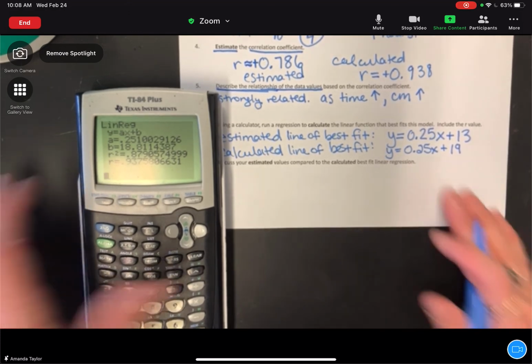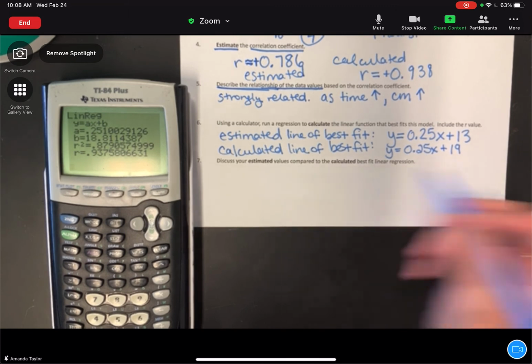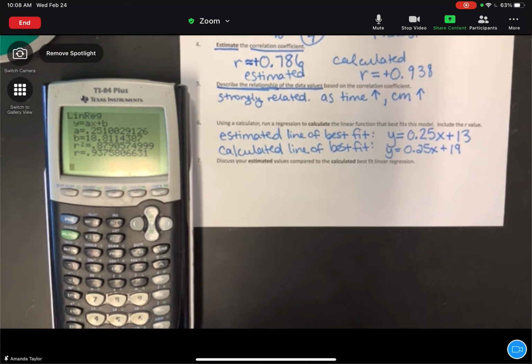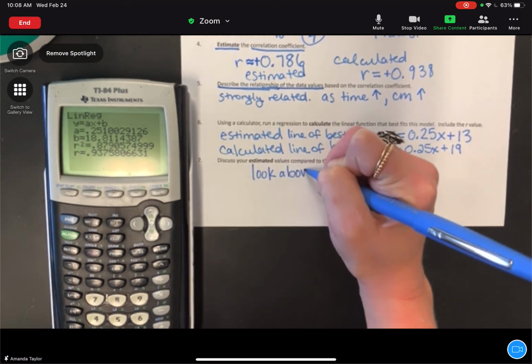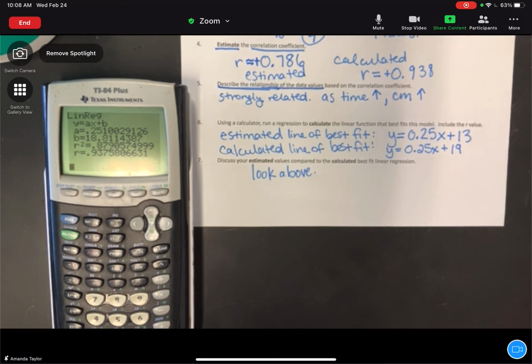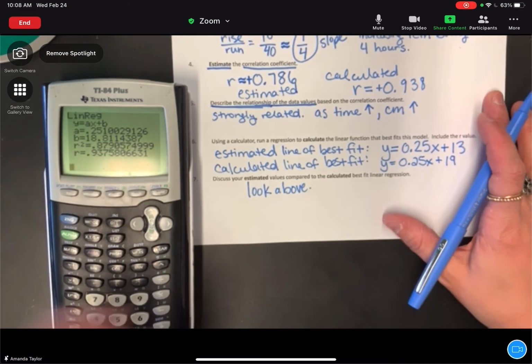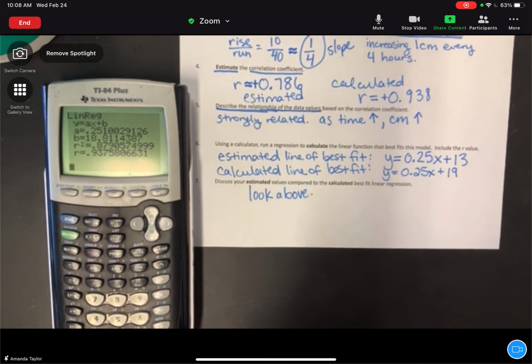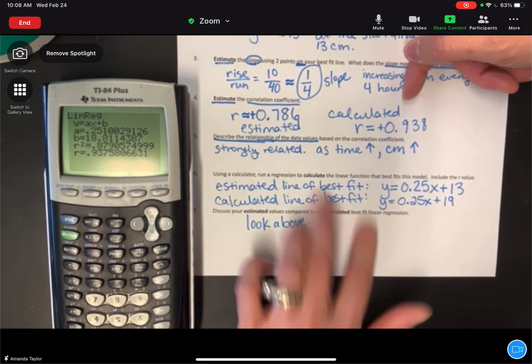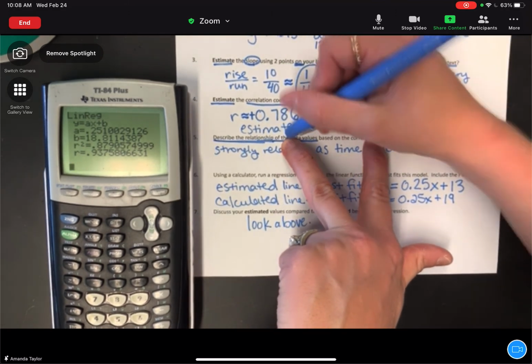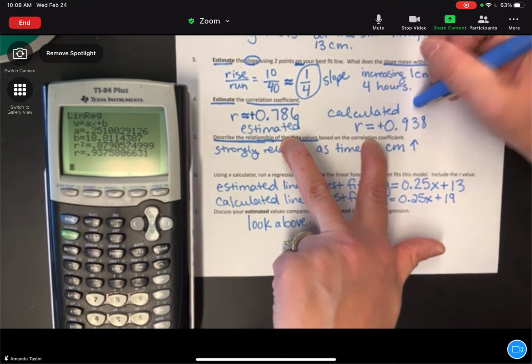It says discuss your estimated values compared to the calculated. Well, we just did that. Look above. We just discussed it. Our estimated compared to the calculated one, it was stronger than we had guessed.